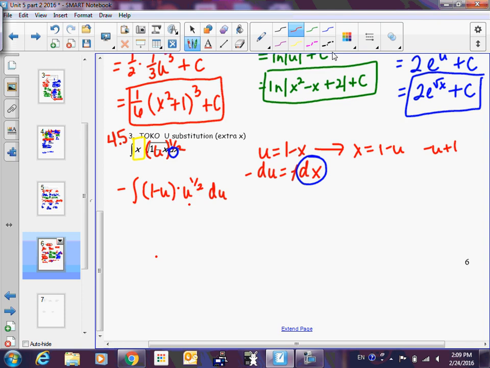Let's go ahead and finish this one out though, because this is kind of like our big review for integration. So before we integrate, what do we need to do here algebraically? I need to distribute. Okay, 1 times u to the 1/2, that's just u to the 1/2.